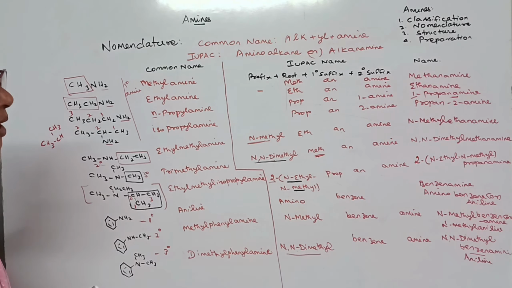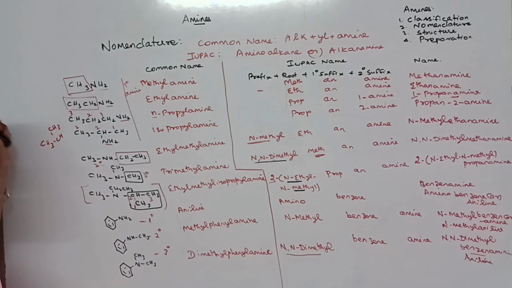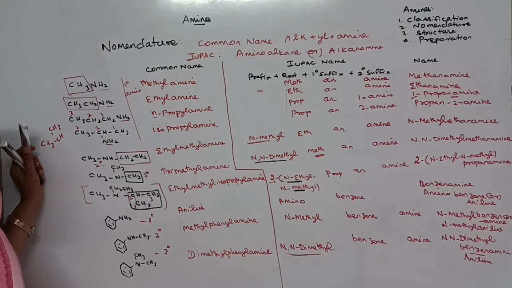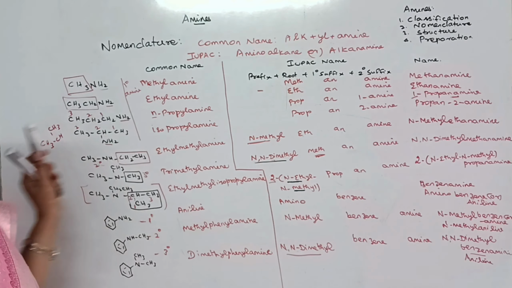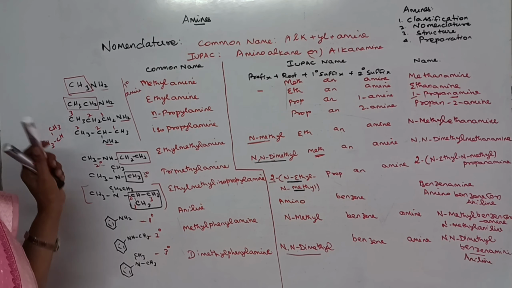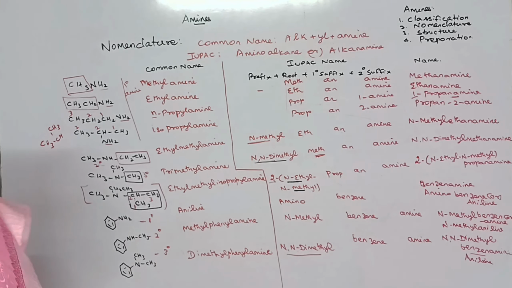And moreover, most of the IUPAC questions are asked from the amine chapter only. This is because all other chapters have a pattern of IUPAC name structure where we find the functional group or the functional carbon and complete the name.